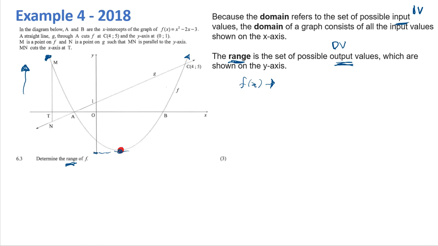Okay, so the range of this function f would be any value that is on this y-axis here and larger, okay? But the important thing now is to find the corresponding y value that's related to this turning point. Okay, so we first need to calculate that coordinate. How are we going to do that?